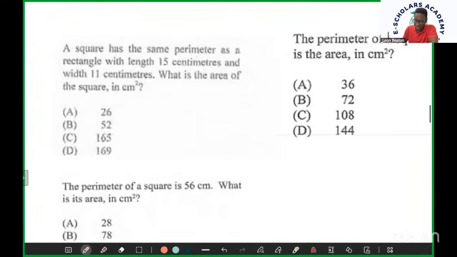And we have another one, very similar. A square has the same perimeter as a rectangle with length 15 cm by 11 cm. What is the area of the square? In this case, they're talking about perimeter, which is the distance around the shape.